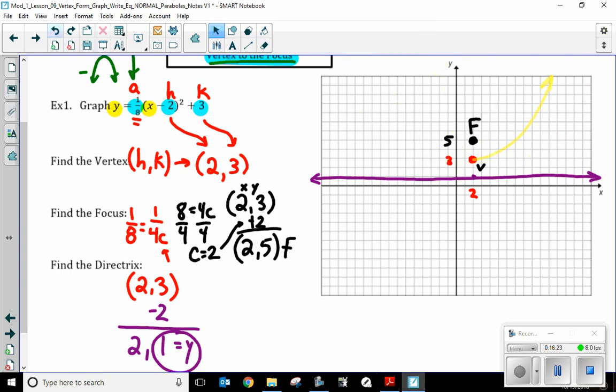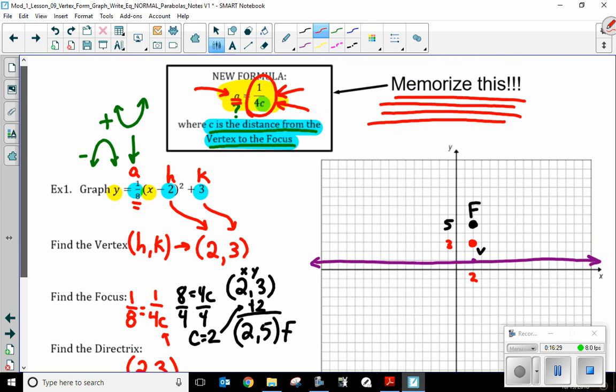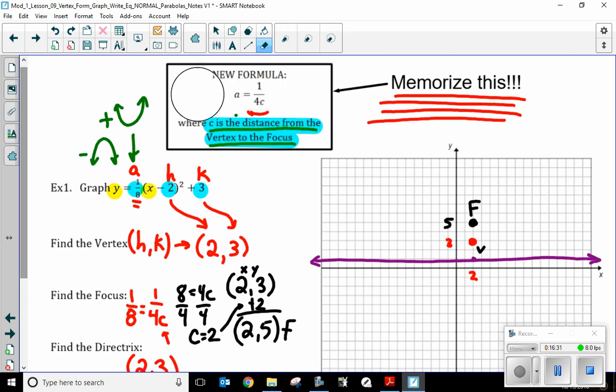Well, guess what? Our friend, and this is the reason that this equation right here is so important to know. First of all, we had to use it here to help us find ultimately our focus, and it also helped us find the directrix, right? Because I found that C value. That was awesome, and it was real easy.